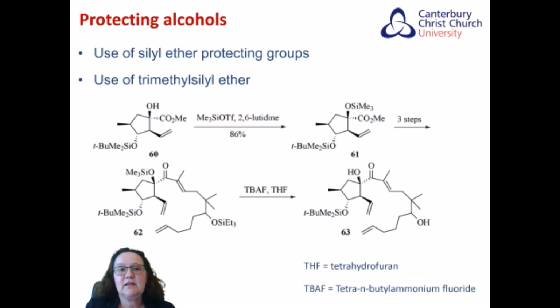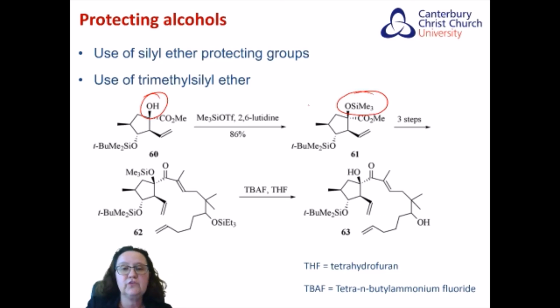This is an example of how you can protect a hydroxyl group by using a silyl ether protecting group. The most common one, not the only one, but the most common one is trimethylsilyl ether. So as you see here, you've got the hydroxyl group you want to protect. You use trimethylsilyl ether, and you form the ether with the silicon.